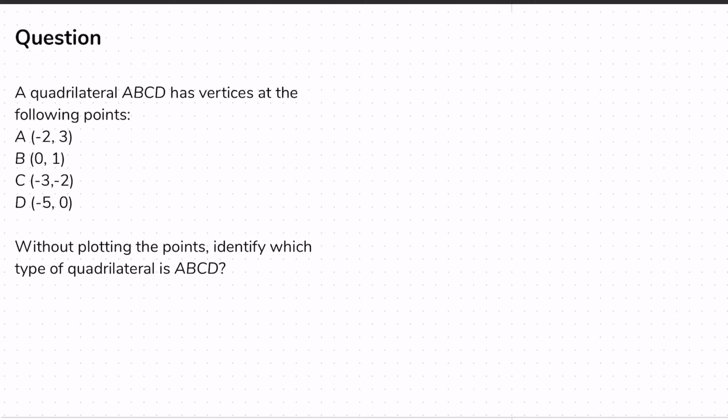So A, B, C, D. We're looking at the distance between the points. Let's do this in blue. Let's go diagonal AC, and the distance here is equal to, for all of them, the square root of x1 minus x2 squared plus y1 minus y2 squared.